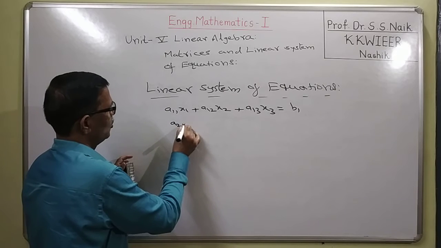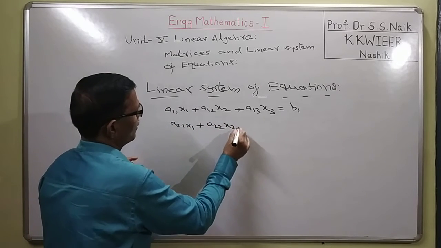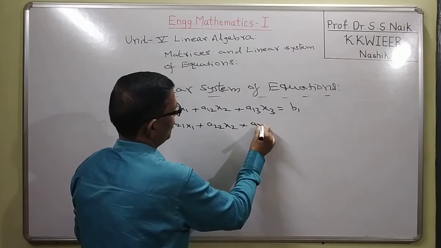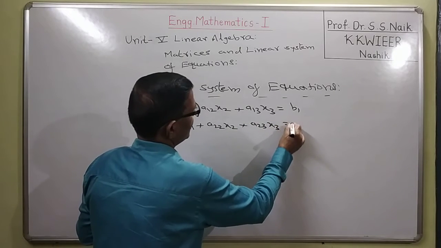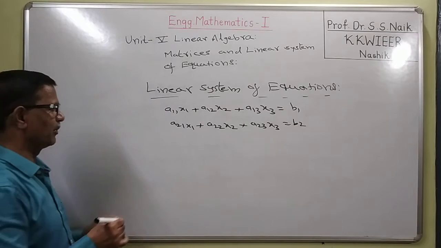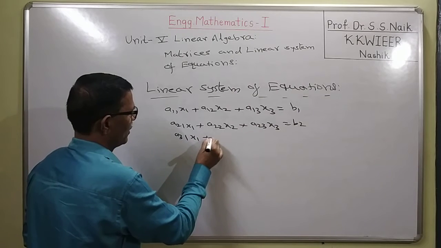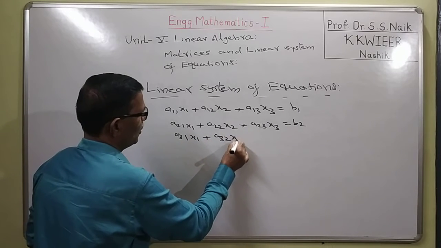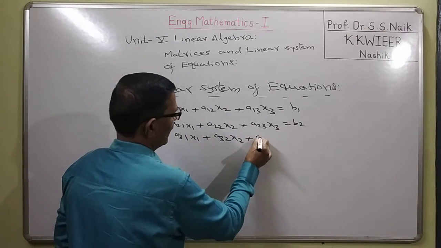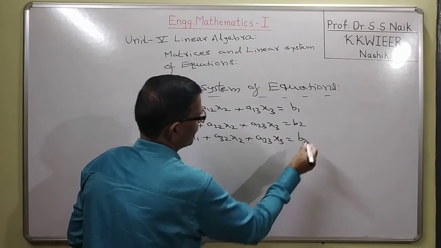Then a21 x1 plus a22 x2 plus a23 x3 is equal to b2. Second equation having again 3 variables. Then a31 x1 plus a32 x2 plus a33 x3 is equal to b3.